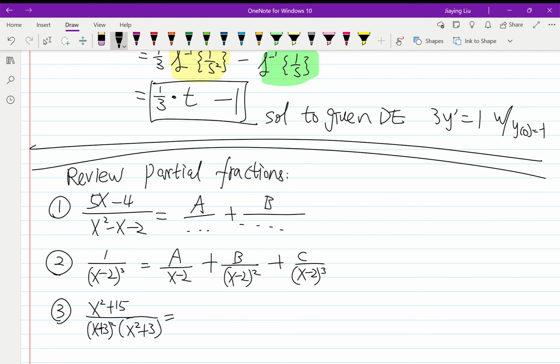Those are linear factors, right? So that will give us some constant A over x plus 3 plus another constant B over (x plus 3) squared, I think.